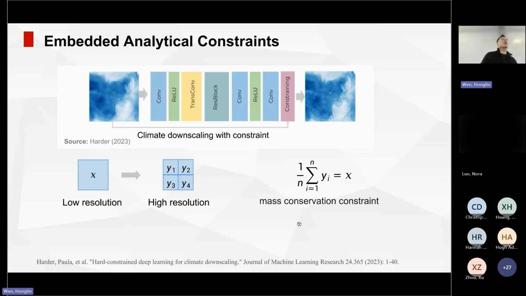Let's say you have some equations to be enforced, like for climate downscaling. After downscaling, you need the sum to be the original value, right? So that's the equation. You need to embed this equation into the model, rather than just have a bound on the outputs. But it's still relatively easy to deal with.